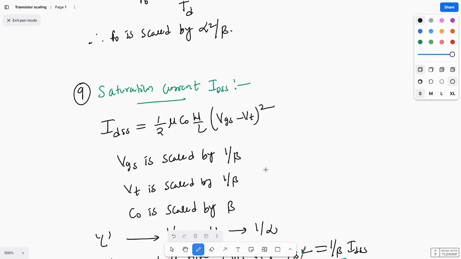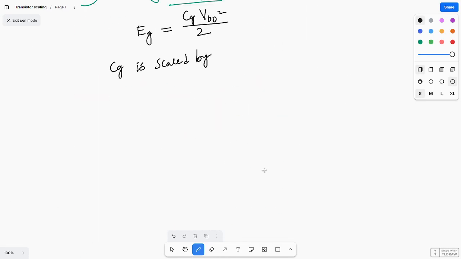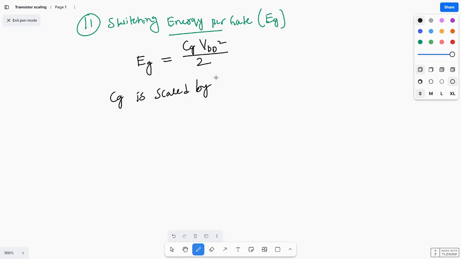Okay, so here you see, Cg is scaled by beta by alpha square. And VDD, the other voltages, is scaled by 1 by beta.